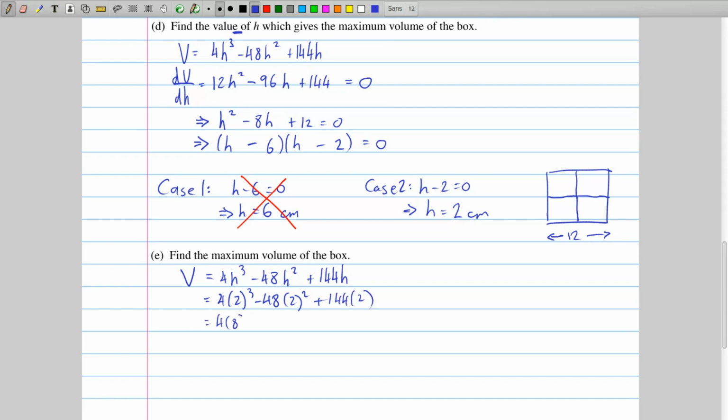That's 4 by 8 minus 48 by 4. And this is going to be 288 when you multiply that. So that's 32, this will be minus 192 plus 288. And that gives us 128 centimeters cubed. Again, don't forget your units with these types of questions, because they will deduct a mark from you. So there you go, there's the maximum volume of the box.